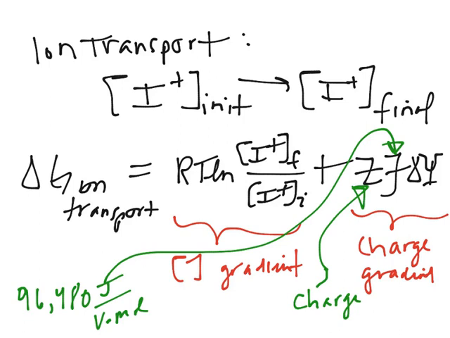And like I said, delta pitchfork is our transmembrane potential, so you could use either representation. So utilizing this free energy, we can find out that many cells can actually create tenfold concentration differences using these active transport mechanisms. So I'm going to do an example problem in the next video, to give you an idea about how you would figure out what to plug in for all of these terms.